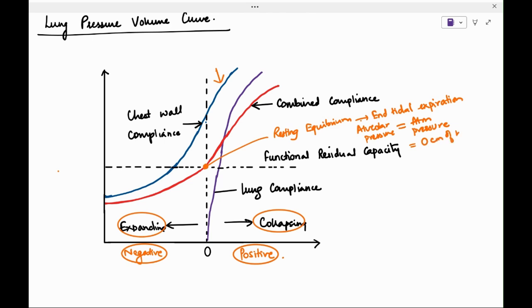So the pressure in the alveoli is equilibrating with the atmospheric pressure, which we take as 0 centimeter of water. So the alveolar pressure at the resting equilibrium, which is at the end tidal expiration, is 0 centimeter of water. And what is the lung volume at this point? The lung volume at this time is the functional residual capacity.